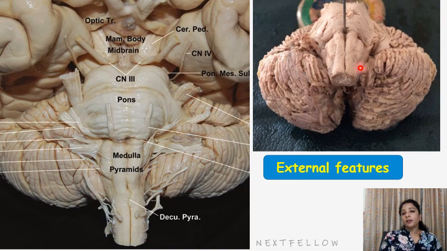That is, 9th is glossopharyngeal, 10th is vagus, and 11th is spinal accessory nerve. So these are the features which we appreciate on the ventral surface or the anterior side of the medulla.